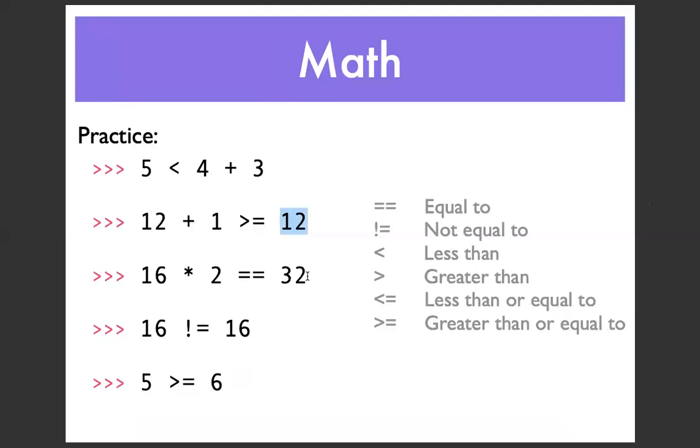Let's take this example. Now, in this example, you will see 16 multiplied by 2 equals 32. Is it correct? Yes. Okay, so that's a very simple one. Let's check another one. 16 not equals to 16.